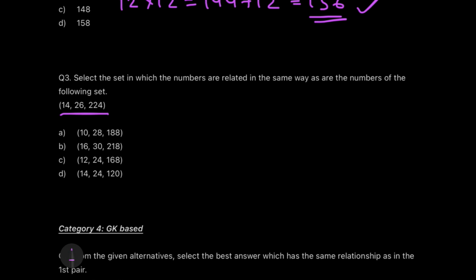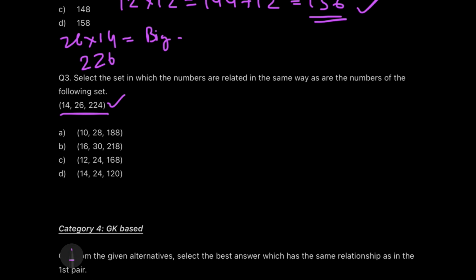All right, so the easiest trick which I can share with you is that if there is a big number, a huge number, and two small numbers, somewhere or the other it strikes my mind to check the multiplication. Correct? But I know that 26 into 14 will give me a bigger number compared to 224. So I can try to use the reverse method.